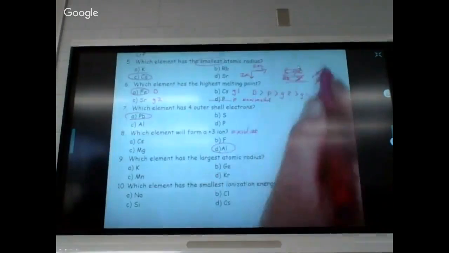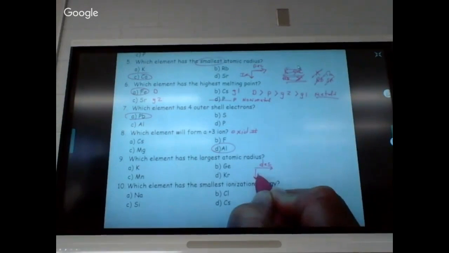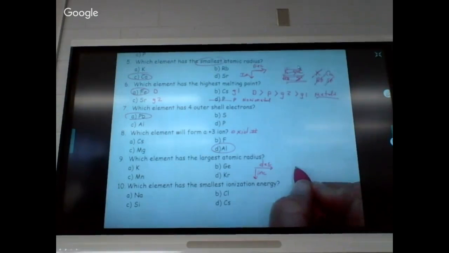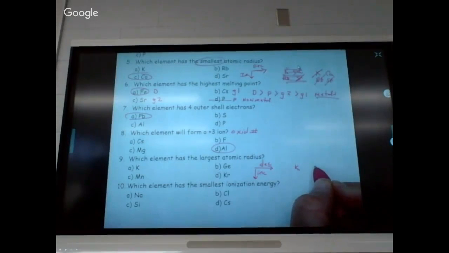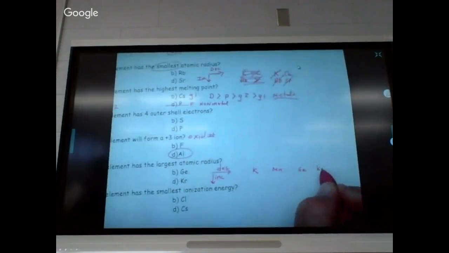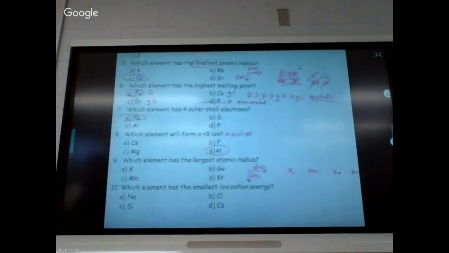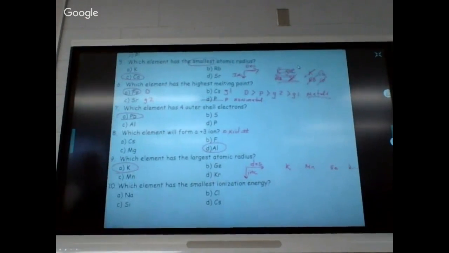Okay. Remember, it's the same one we have up there. So that is decrease and increase. Look at where they're at. K is in group 1. Manganese is in the middle. Ge is here. And Kr is over here. So we're going across. So the biggest would be K. They're on the same period.